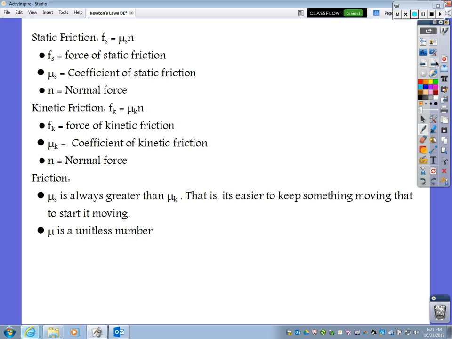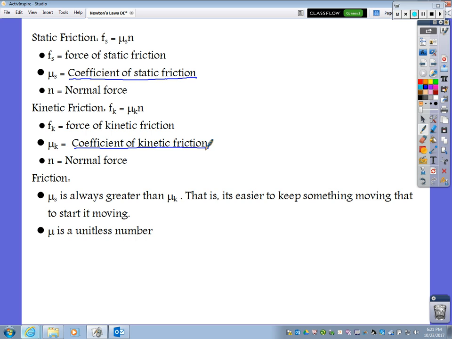So friction. Friction is mu times N. Mu is the coefficient of static friction or the coefficient of kinetic friction. Okay? There are different numbers that you use depending on whether the two surfaces are sliding past each other or not moving relative to each other.